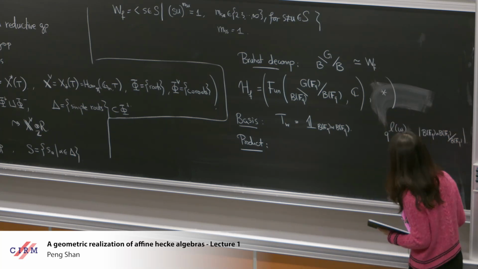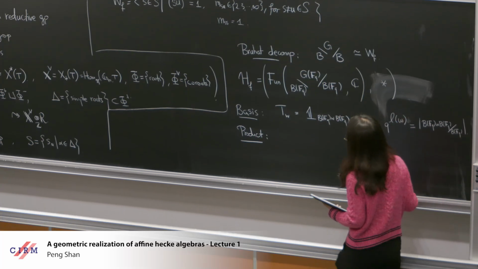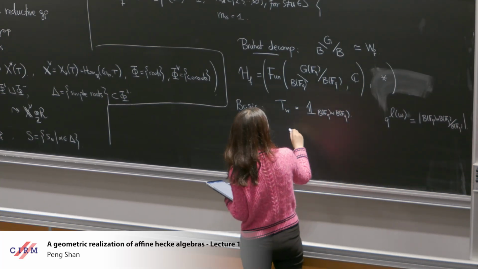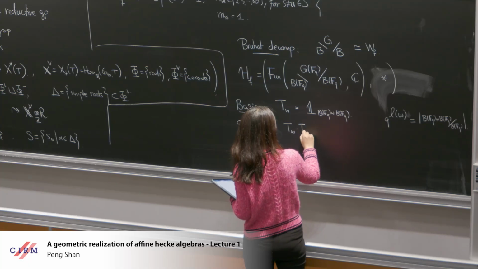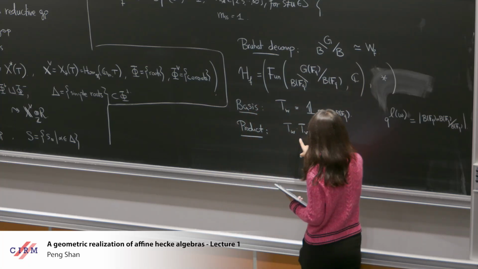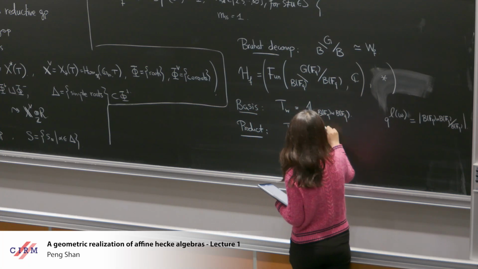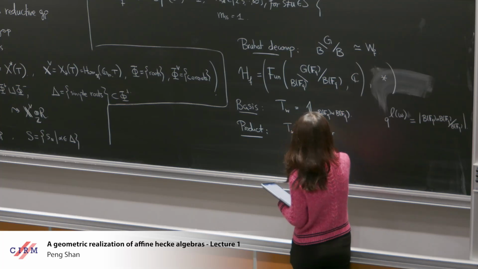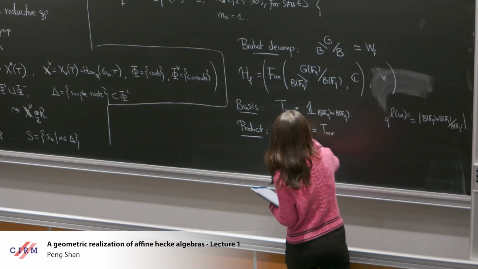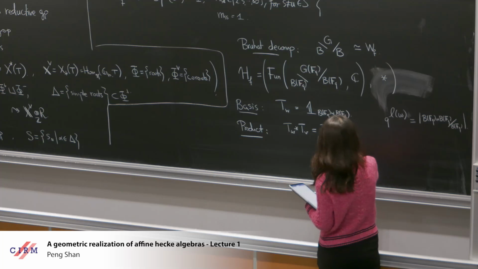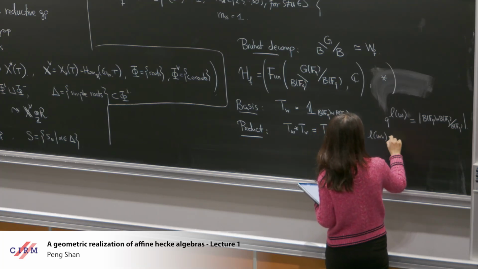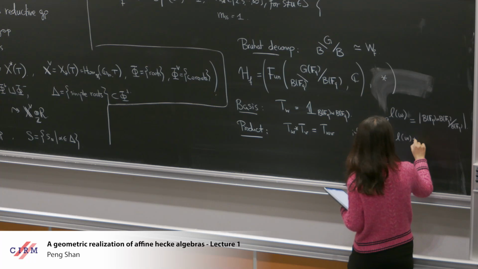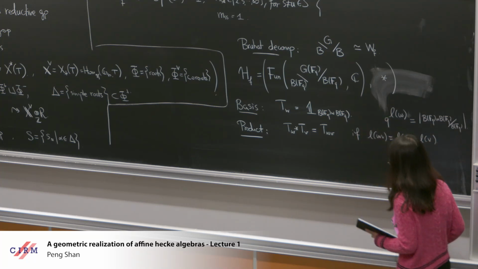Okay, and so you can compute the product. It turns out if the length of the product is just the sum of the lengths, then the convolution of these elements is just equal to what you expected. So if l(wv) is equal to l(w) plus l(v).